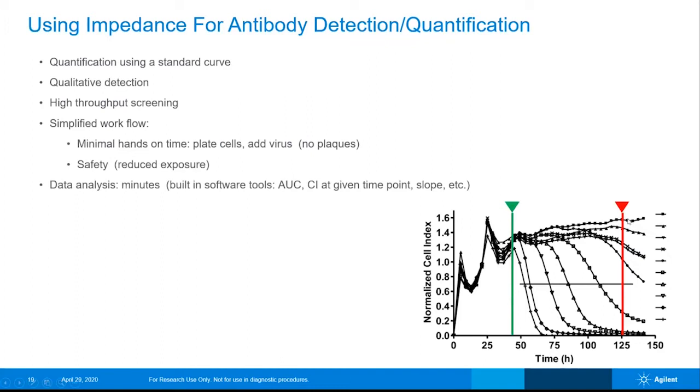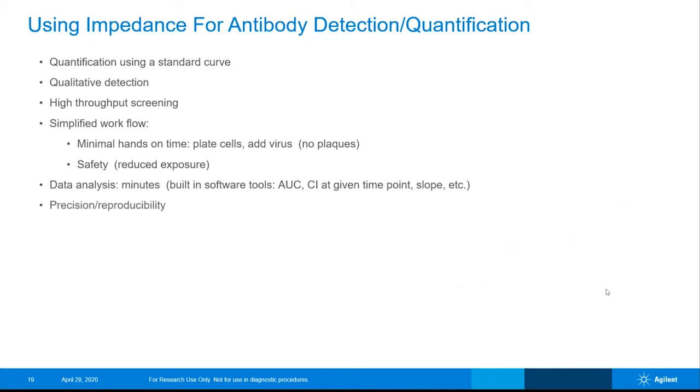For example, if I was analyzing this data set and wanted to look at area under the curve, it's simply a matter of dragging a start and stop line to define what temporal window I want to do the area under the curve analysis within. The output of that analysis is generated in seconds. So it's truly very easy to do these types of analyses.